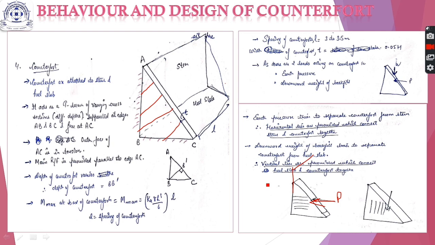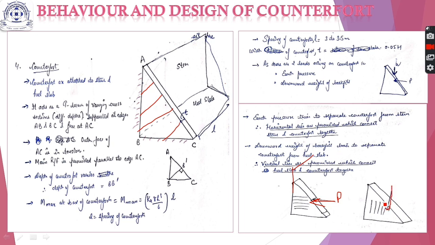So apart from the other reinforcement provided due to this maximum bending moment, horizontal ties are provided in the counterfort so that this P force cannot separate the counterfort from the stem.